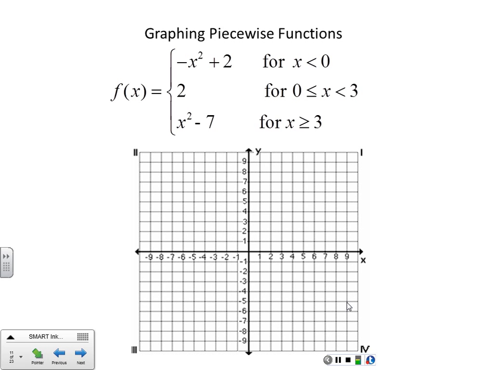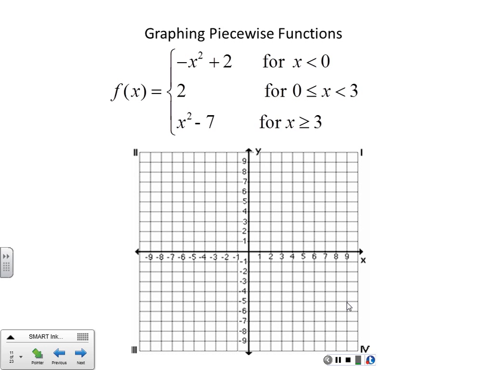X less than 0. That first graph, all of the x values that you plug into that first graph have to be less than or equal to 0. Not in this one, it's just less than. Oh, you're right.